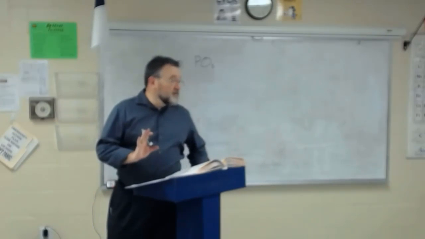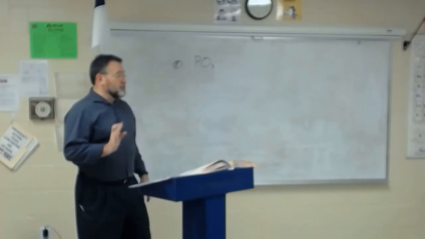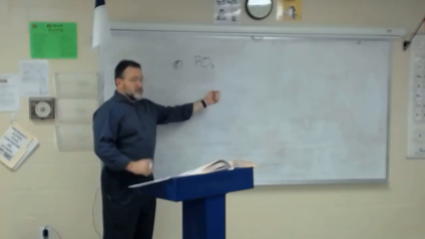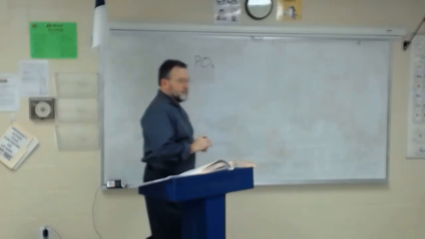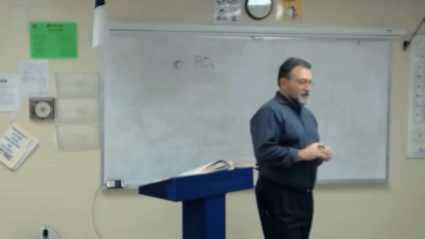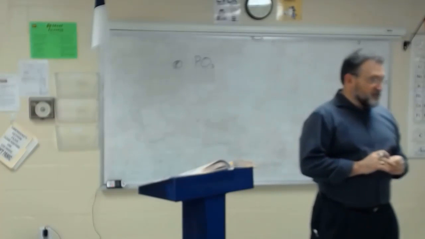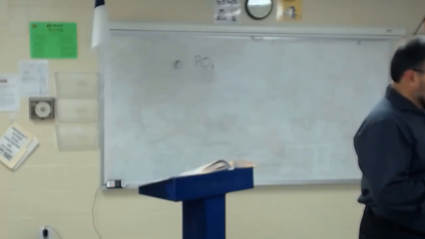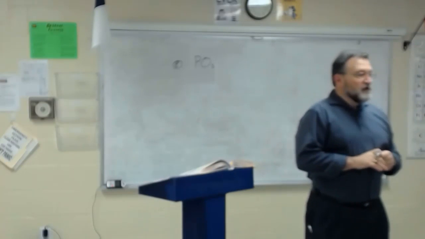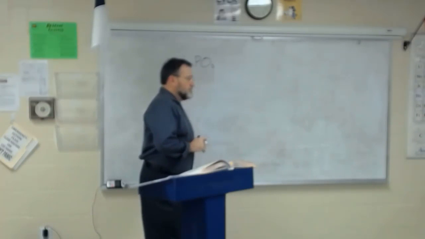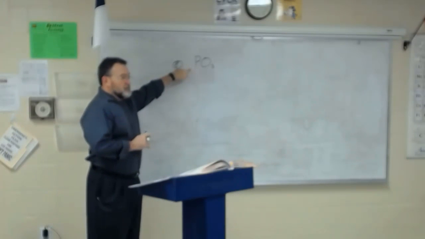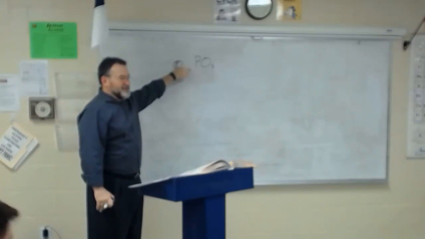Now, if a molecule has the empirical formula of PO3, which is, remember, P1O3, the one is implied, okay? If the empirical formula is PO3, then what could the molecular formula be? It could be PO3, right?